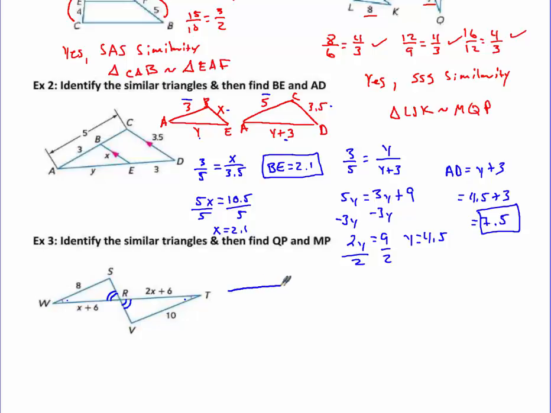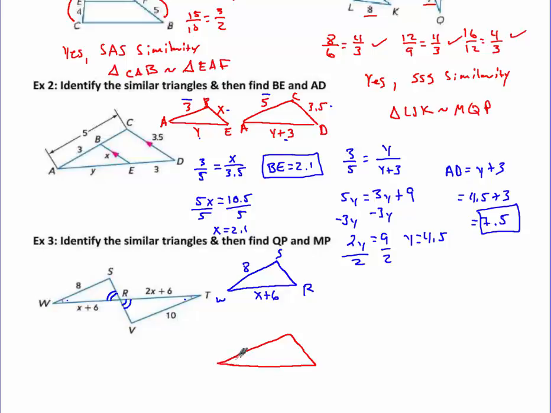The first thing I'm going to do is kind of redraw them. So I have WSR, that has an 8 and an x plus 6. But then I have another triangle, and I'm going to try to draw it oriented the same way.